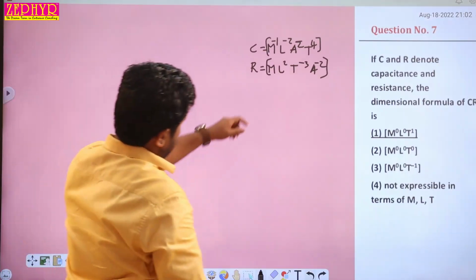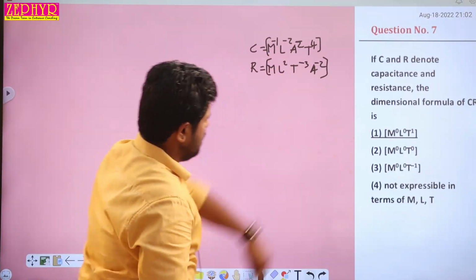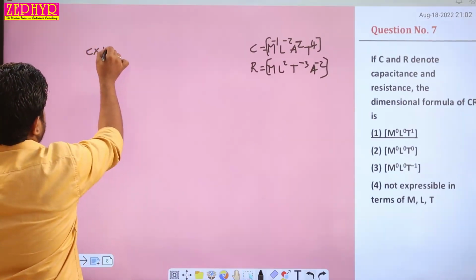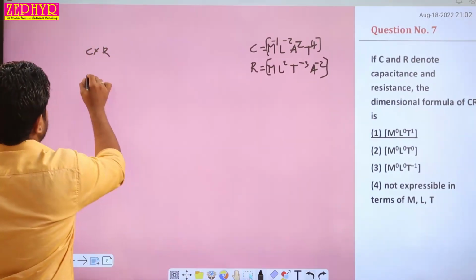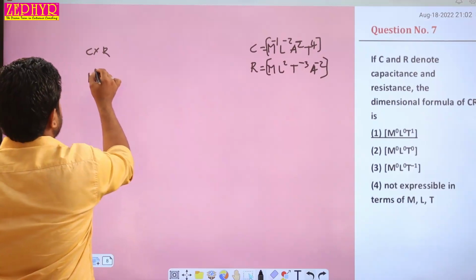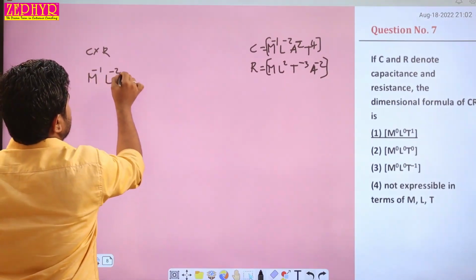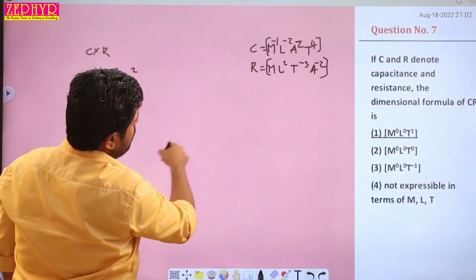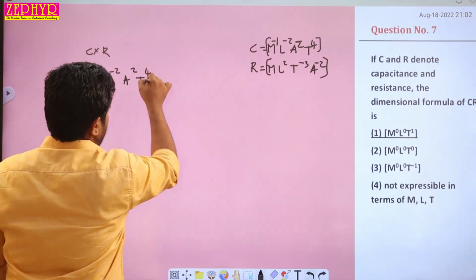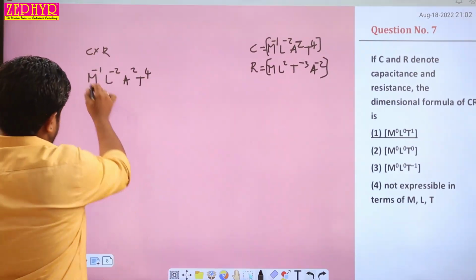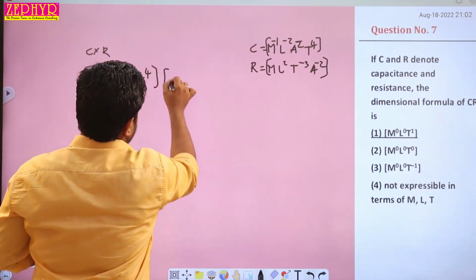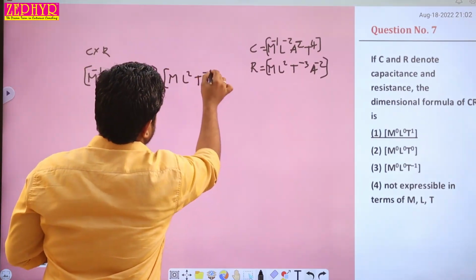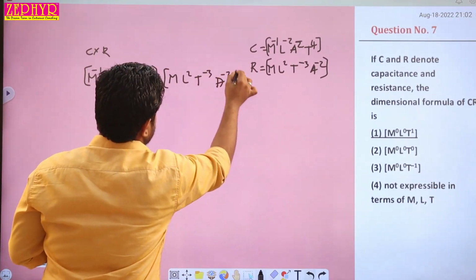Now I substitute these values in the expression C into R. So M raised to minus 1, L raised to minus 2, A raised to 2, T raised to 4, all into M L square T raised to minus 3, A raised to minus 2.